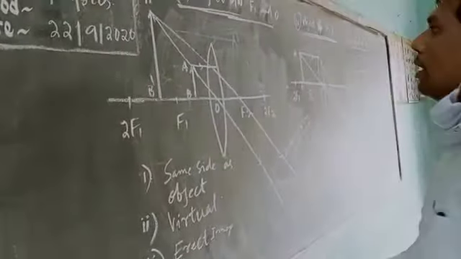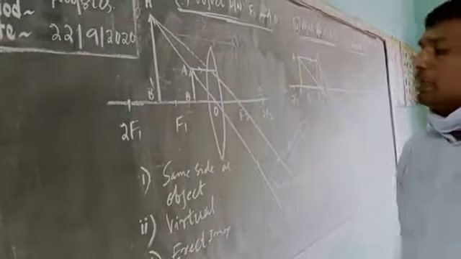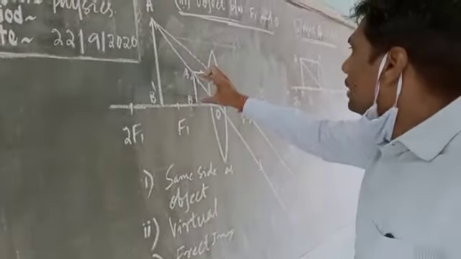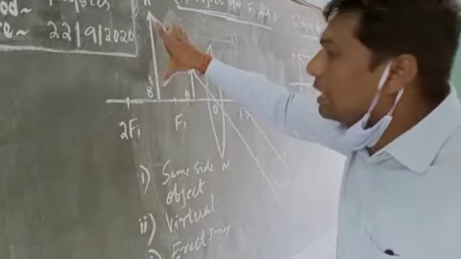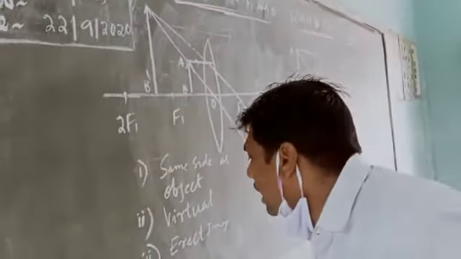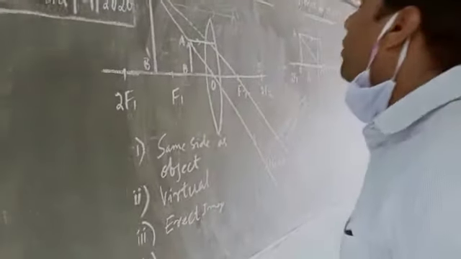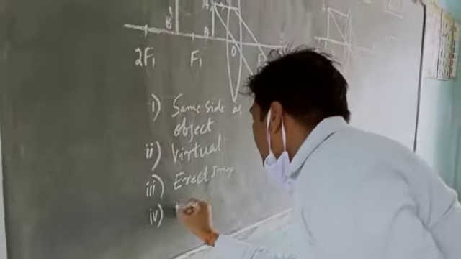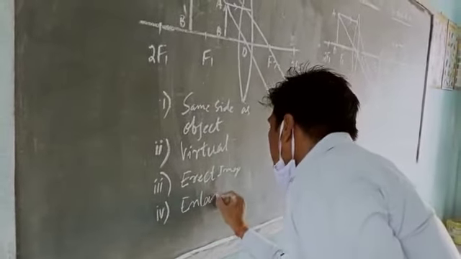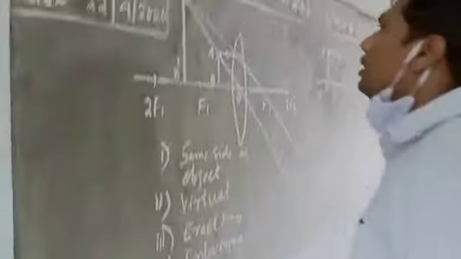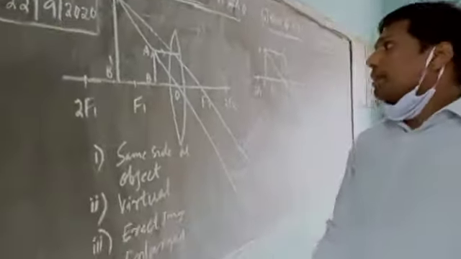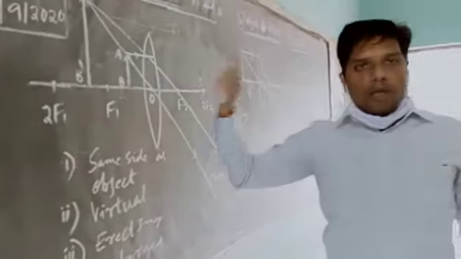And the size: this is the size of the object and this is the size of the image, therefore the image is magnified, or enlarged. So this is the case of the convex lens.